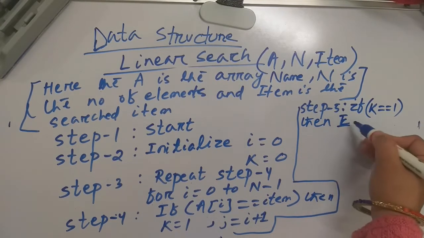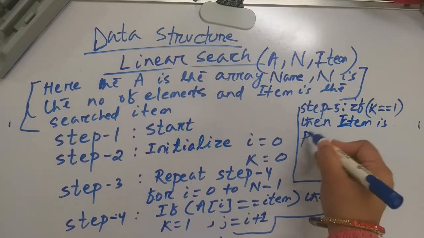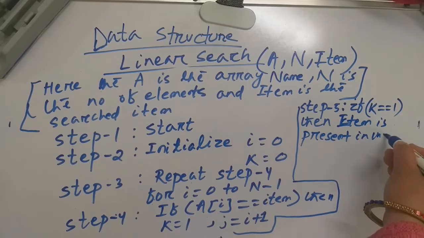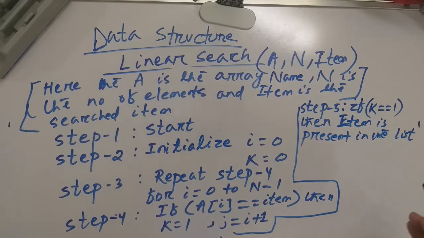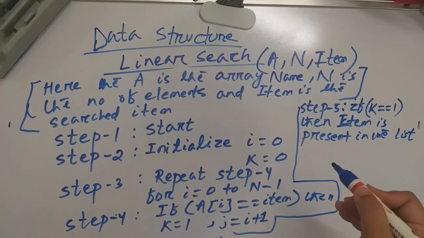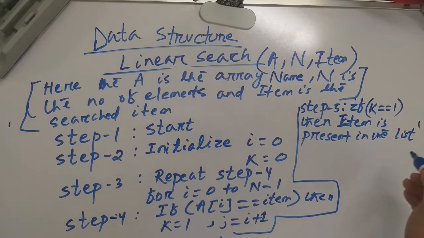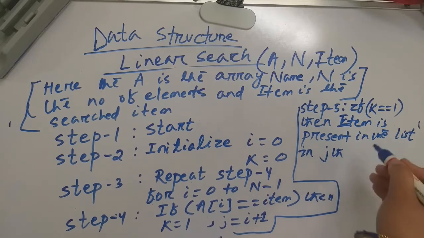The item is present in the list. So we know that the item is present in the list, and it is present in which position? Present in the list in jth position.